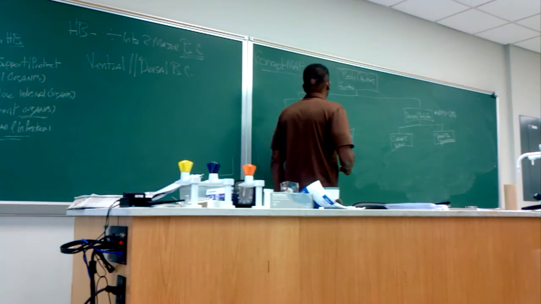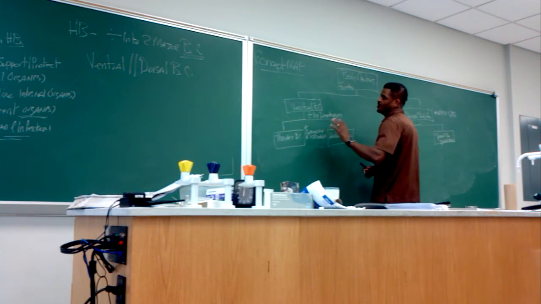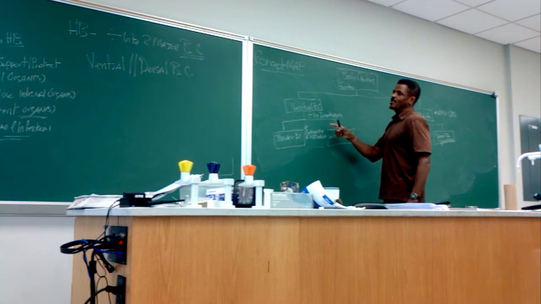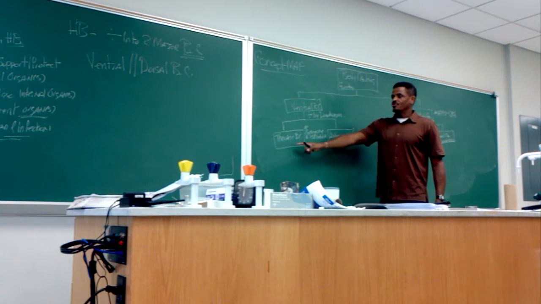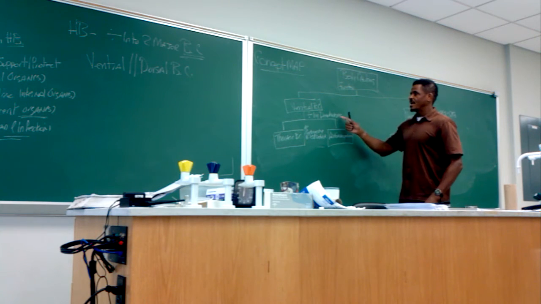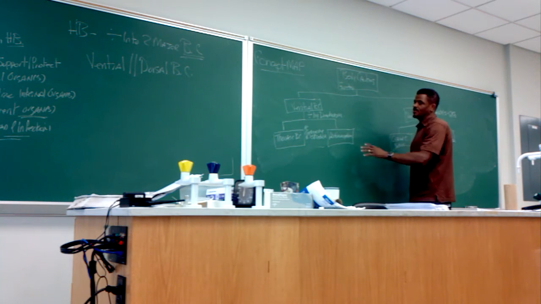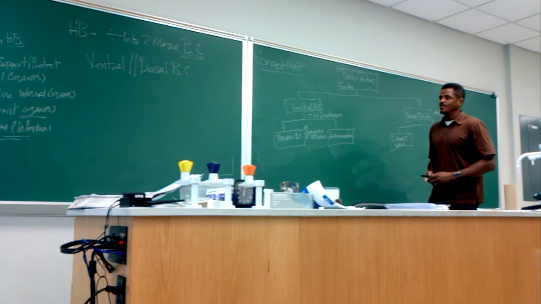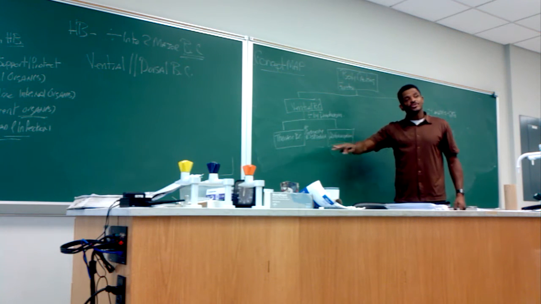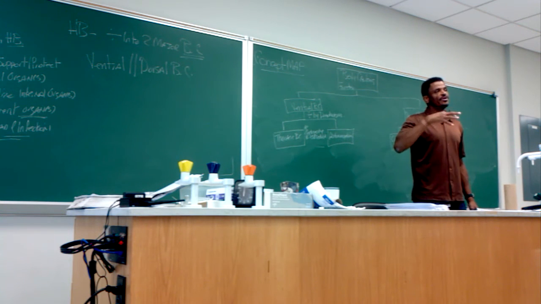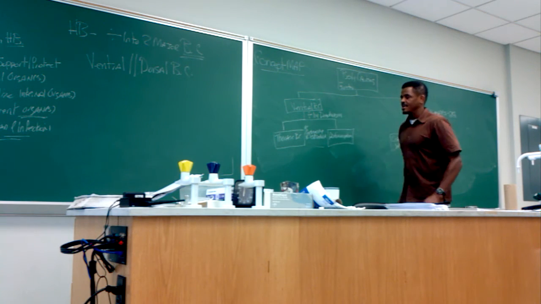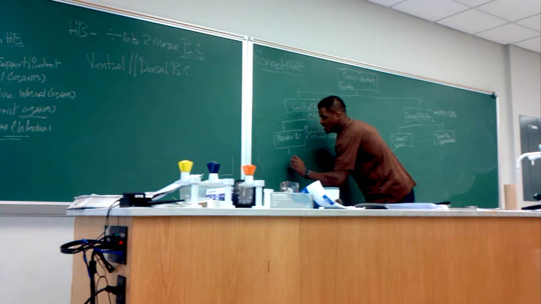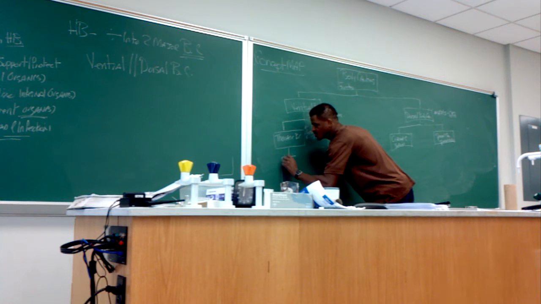So here we go. We're taking a look at the anatomy of the ventral body cavity. We divide this large cavity by the diaphragm into the thoracic, which is superior to the diaphragm, and the abdominal pelvic, which is inferior to the diaphragm. When we take a look exclusively at the superior cavity of the ventral body cavity, being the thoracic body cavity, we have what's called the mediastinum.